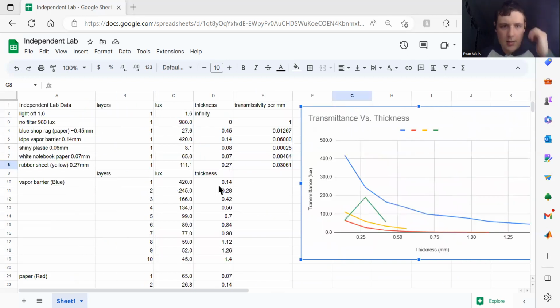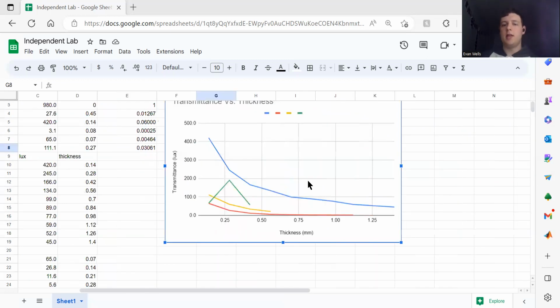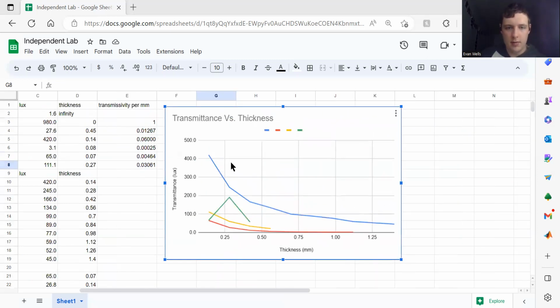And you can see here up at the top, I have 980 lux with nothing in front of the orifice. And so about cut it in half as far as one layer of that plastic. And you can see that on the graph over here.